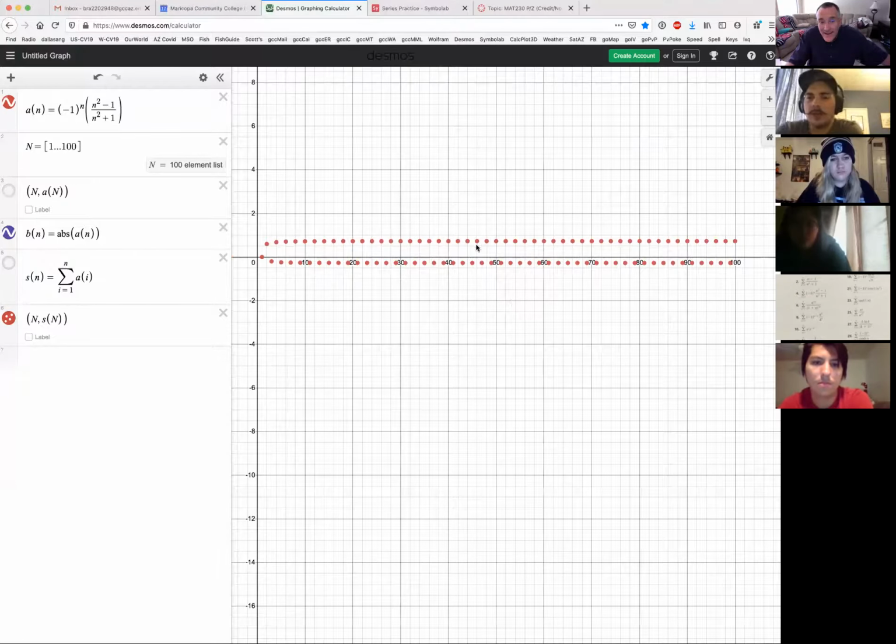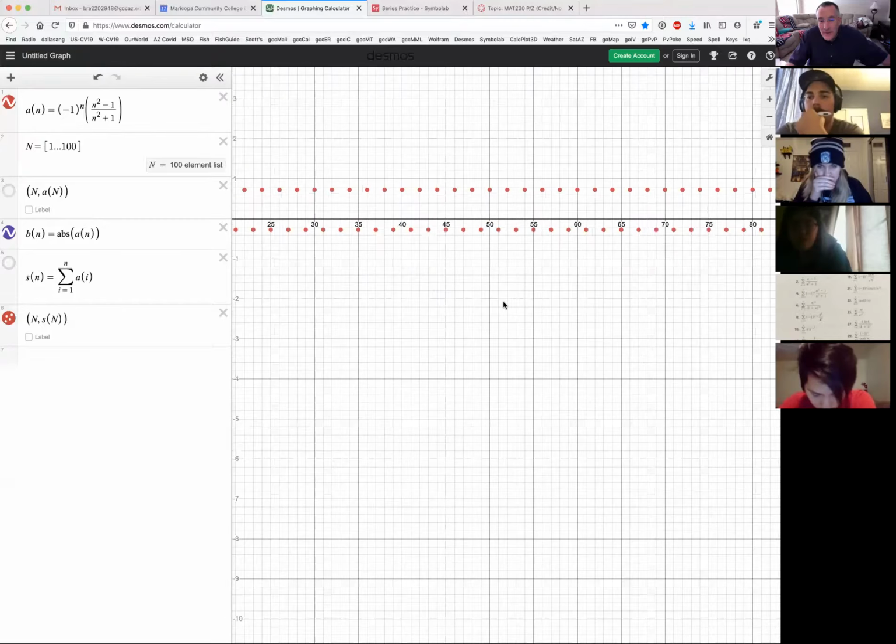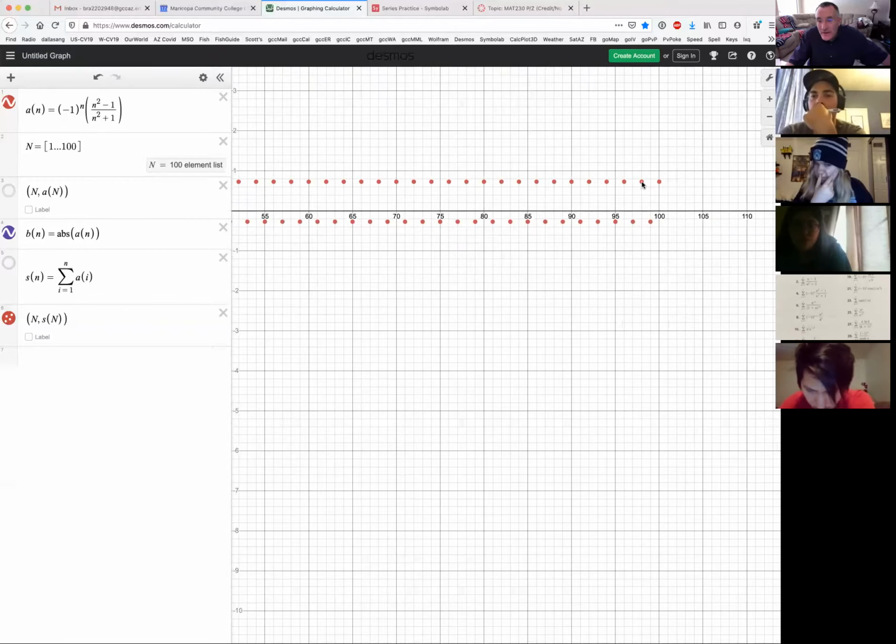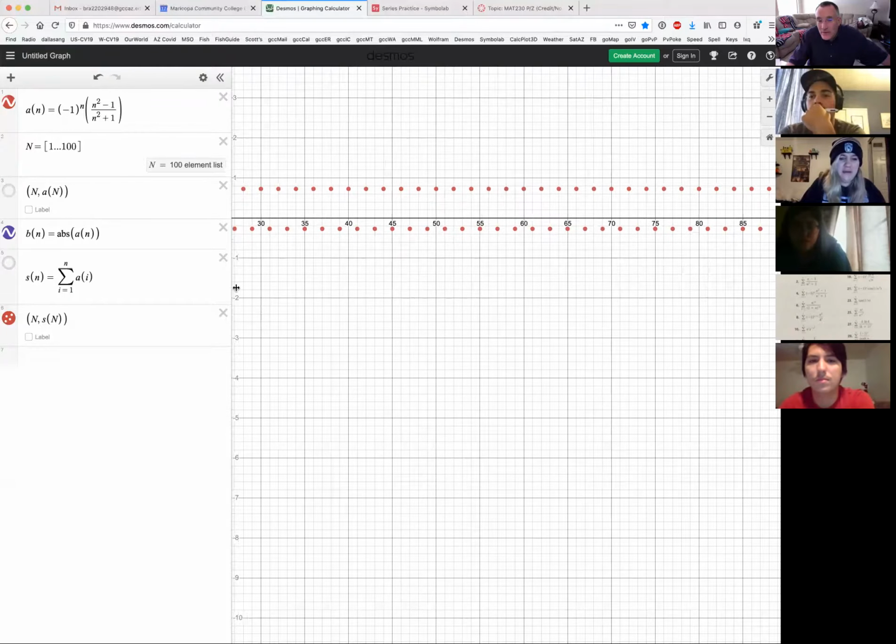Well, I'm not sure then. I'm thinking that if we were to look at these way out here, it's going to bounce. This is bouncing back and forth between two numbers. You see that? So it's not going to an actual number.